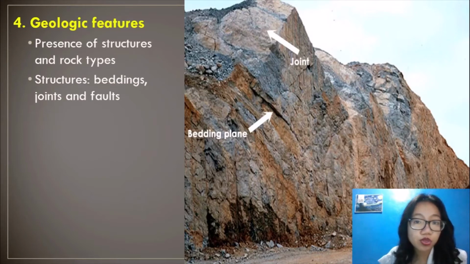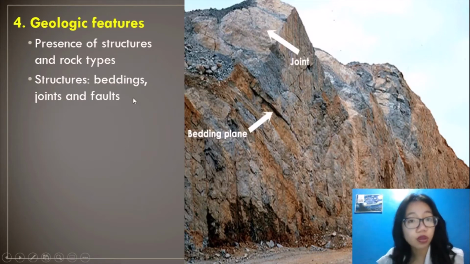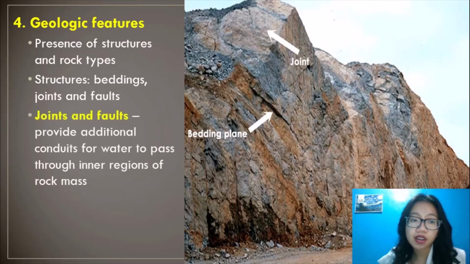You have certain structures that you have to look out for when looking at steep sides. You have joints and faults. Joints and faults are the weak parts of your geologic feature. The joints are like the cracks in the rocks itself.